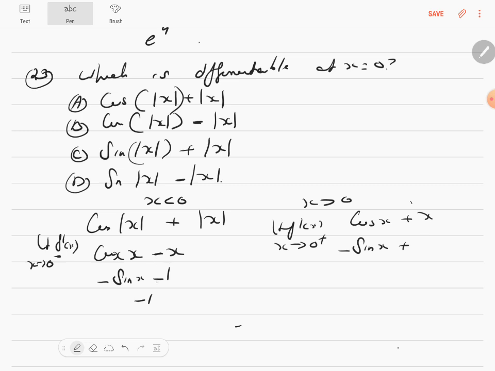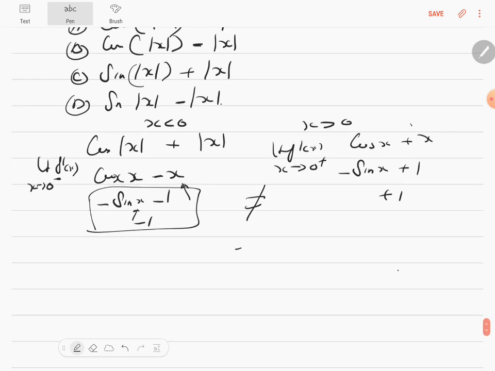Sine 0 is 0. Differentiating cos x plus x, you get minus sine x plus 1, and putting 0 you get plus 1. The left hand limit is not equal to the right hand limit, therefore option A is wrong.